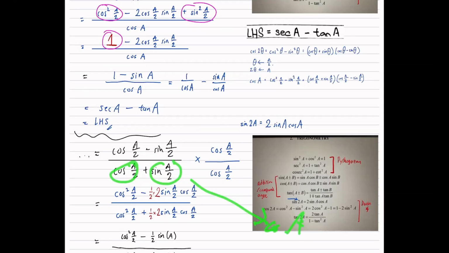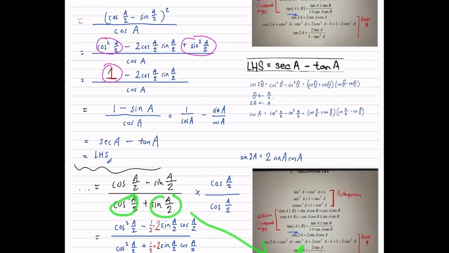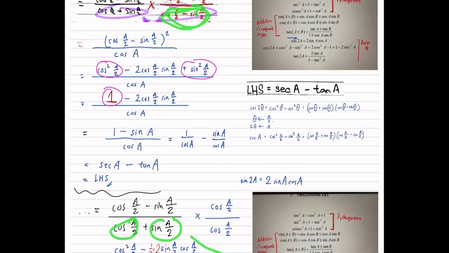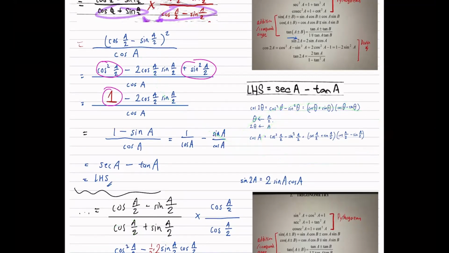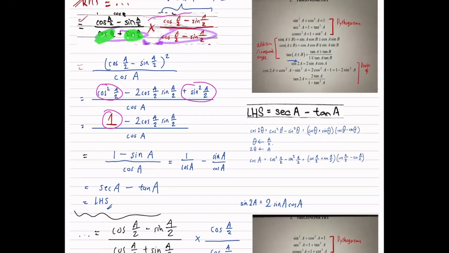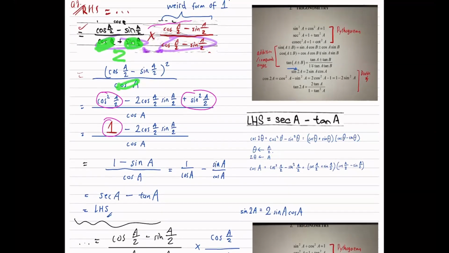One correct way to do it was to multiply by the conjugate so that we can simplify using a special identity into just a single term. From two terms, previously cosine A over 2 plus sine A over 2 in the denominator, now it becomes one term. So that way was good in that sense. It reduced the number of terms to what is required on the right-hand side. Just a cosine A.